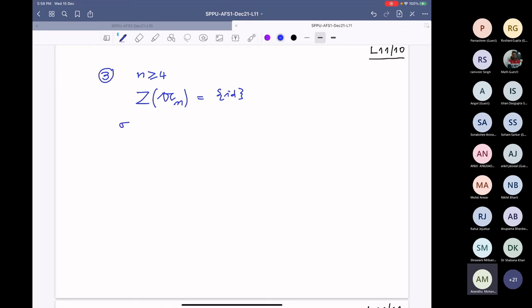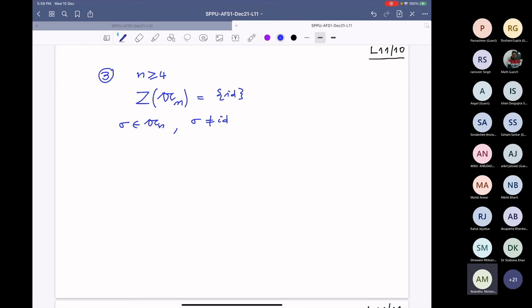So let us take sigma in AN, and sigma is not identity. Then I should produce a 3 cycle whose conjugate is not the same 3 cycle.